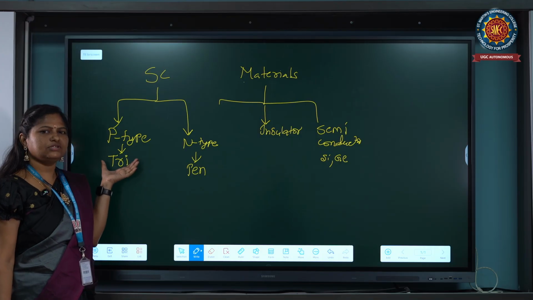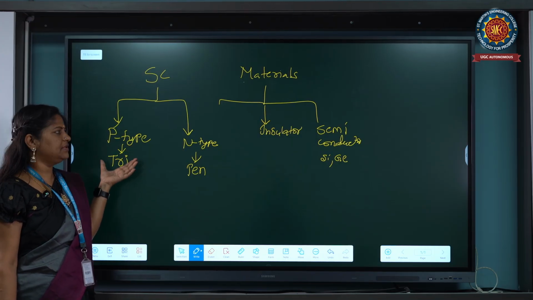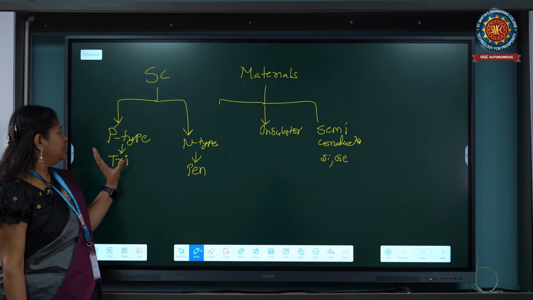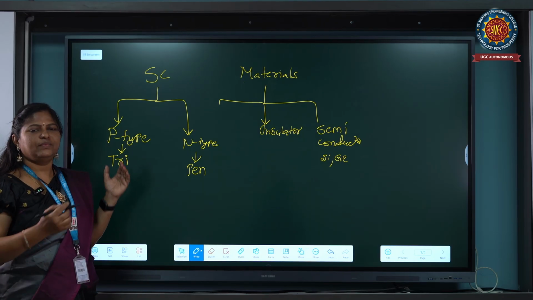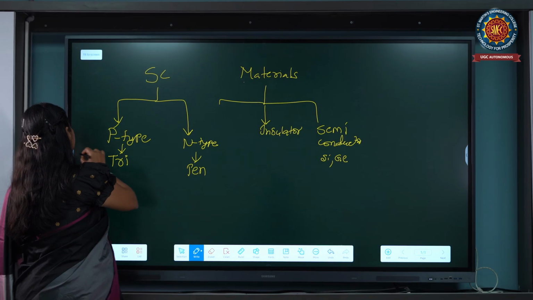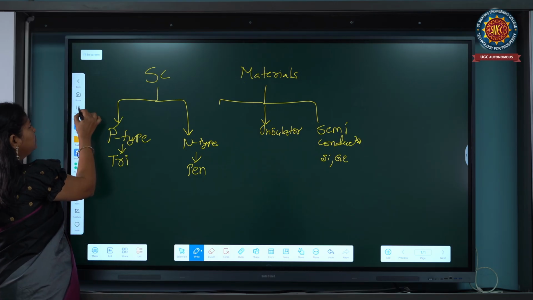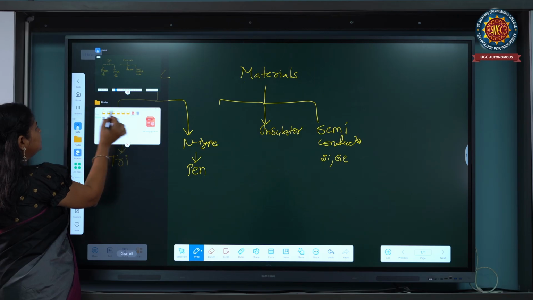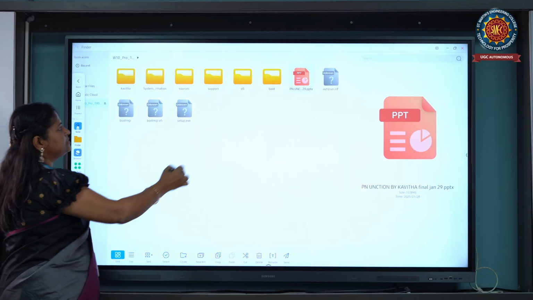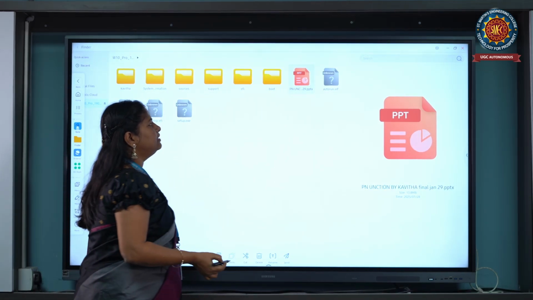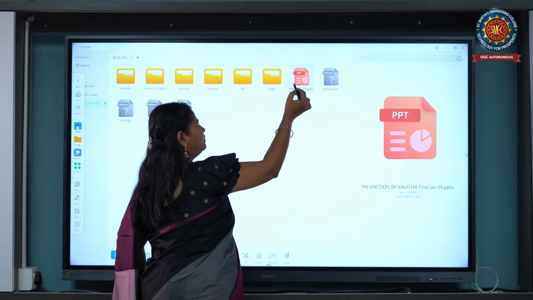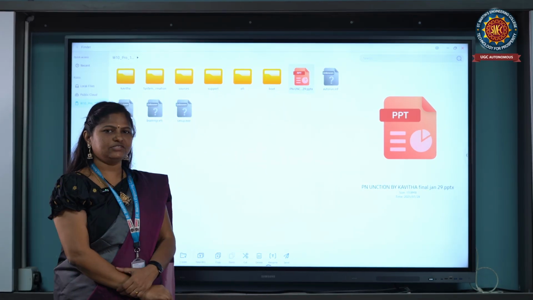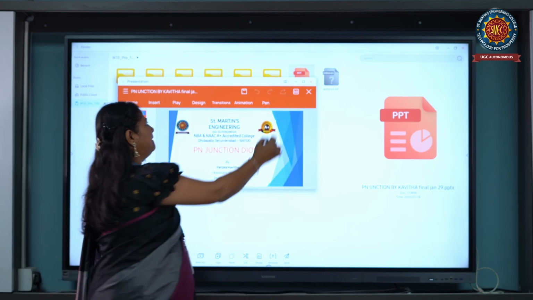Holes are positive charge, that's why we call it P-type. Whenever we join these two types of materials, the diode is formed. That's why we have to know what a semiconductor is, and what P-type and N-type semiconductors are. Now we'll see how the depletion region is formed.